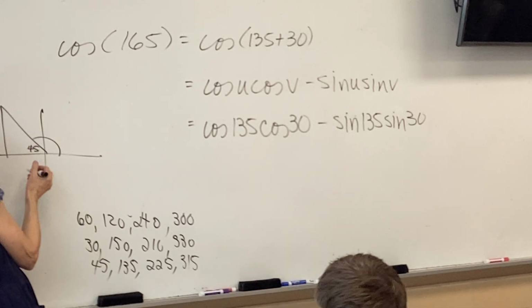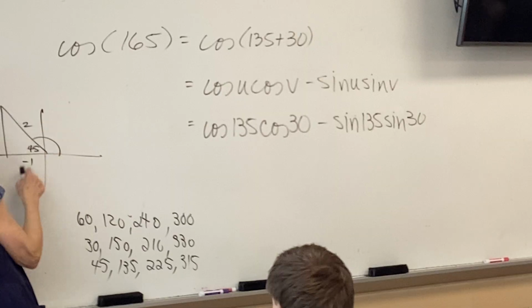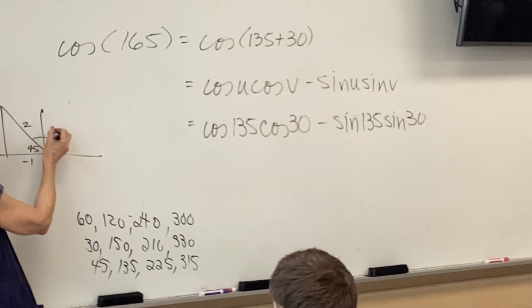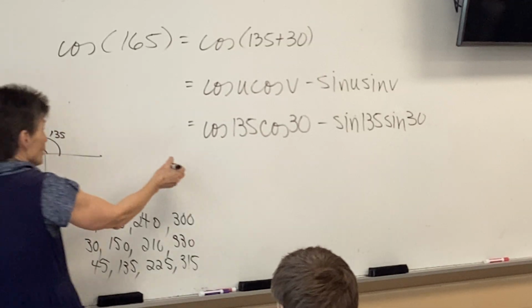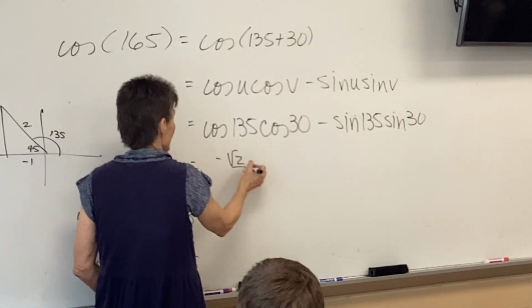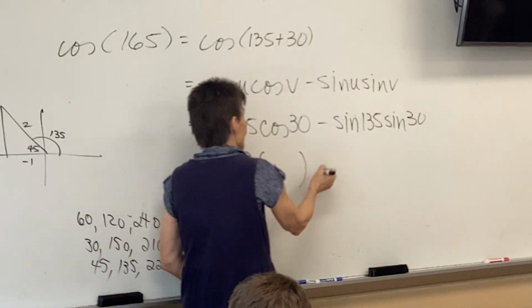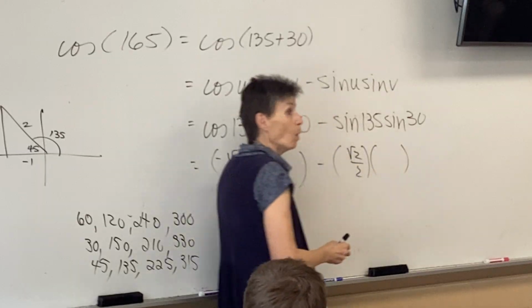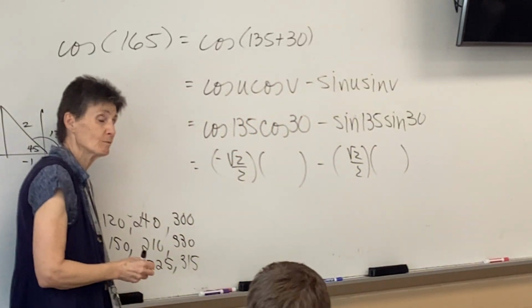So negative 1, 1, and root 2, don't forget that negative. That's my 135. So the cosine is negative root 2 over 2, and the sine is positive root 2 over 2. That is 1 over root 2, root 2 over 2.